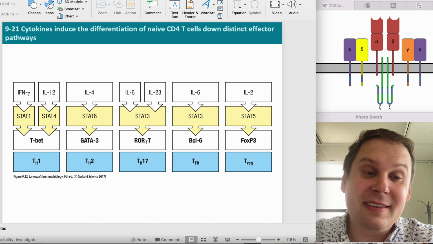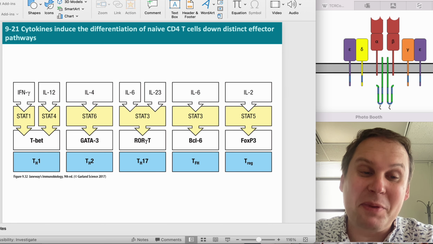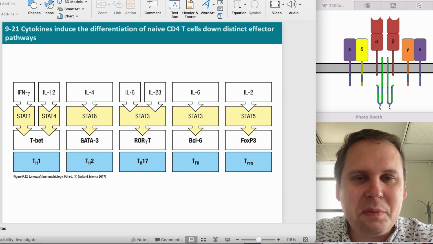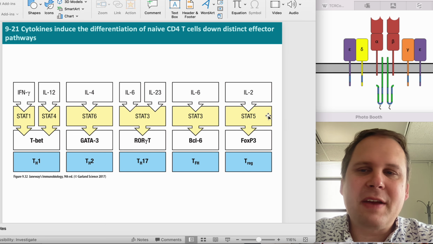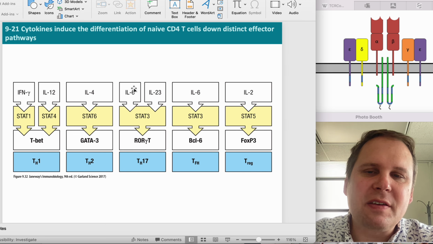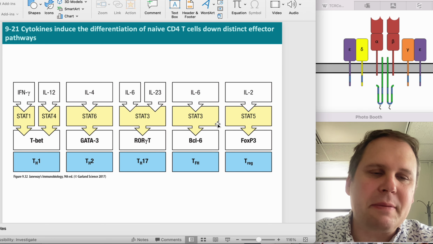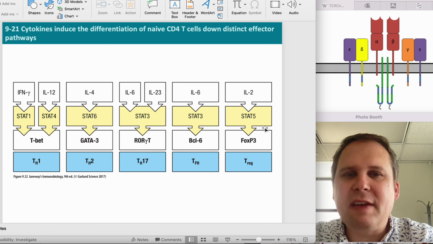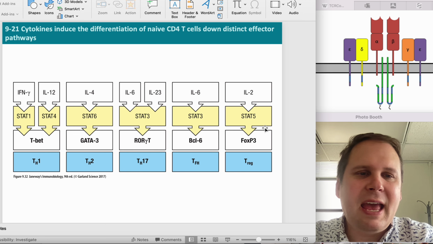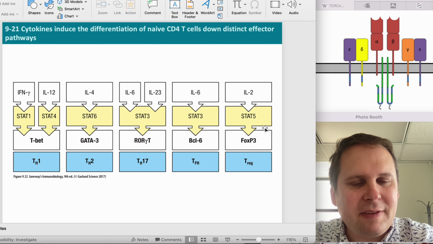If you were curious, and I'm not going to test you on this, but maybe you are curious, this is how it works. So interleukin 2 is going to interact. So all these proteins, all these interleukins, you see they interact with a common kind of protein called a STAT protein. STAT proteins are signal transduction and transactivation, if I remember correctly. And these are little transcription factors.